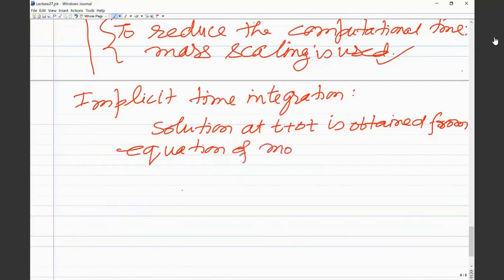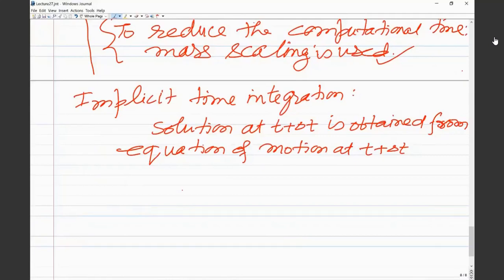In the earlier case, in the explicit, the solution at T plus delta T is obtained from the equation of motion at T, but in implicit, the equation of motion is considered at time T plus delta T itself.